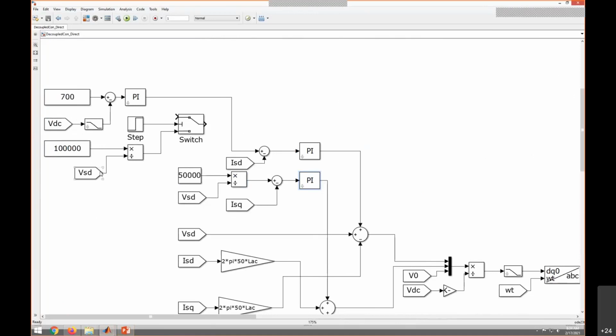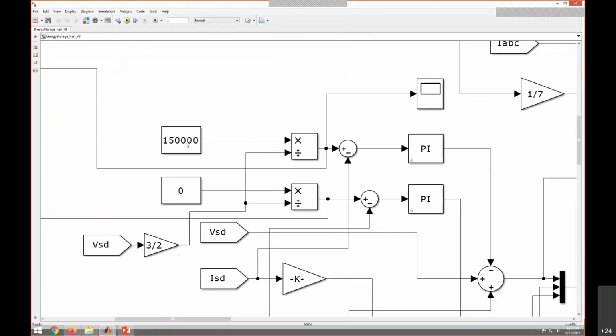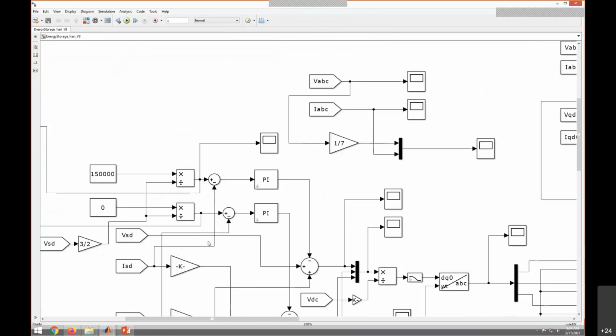We need to divide this with VSD or 3/2 VSD, so that all depends on the transformation coefficient. So that gives you this ID star, right? Same thing here. So this is 150K, and this reactive power is 0. So this is the power reference. It's running.